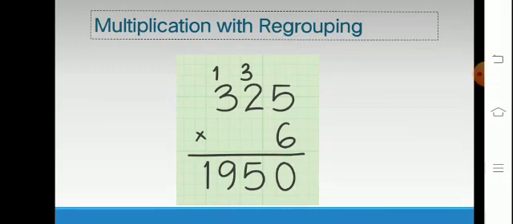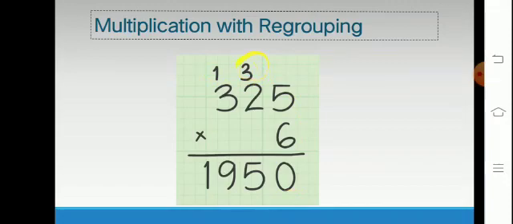Now multiplication with regrouping. It means there are numbers carrying over to other numbers. When we multiply 6 with 5, we will get 30. Write 0 here at ones place and 3 is carrying over to 2.